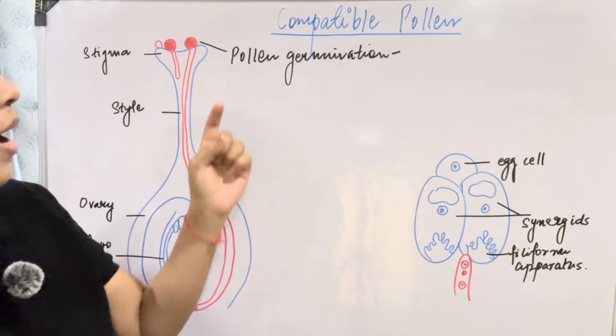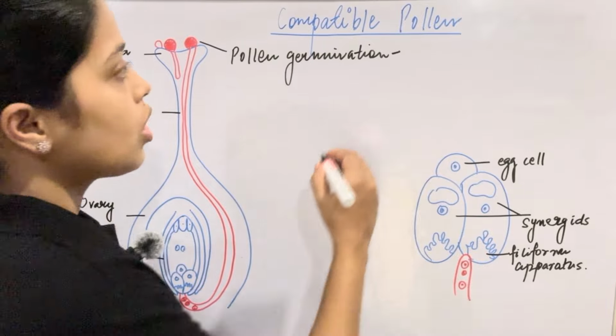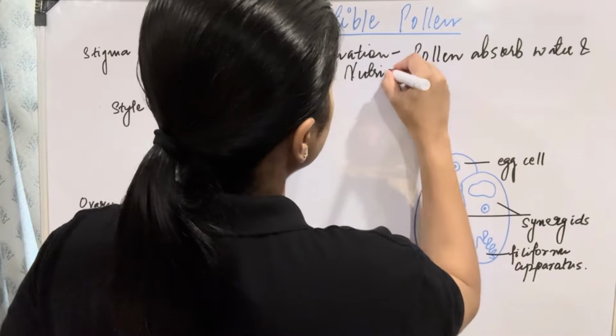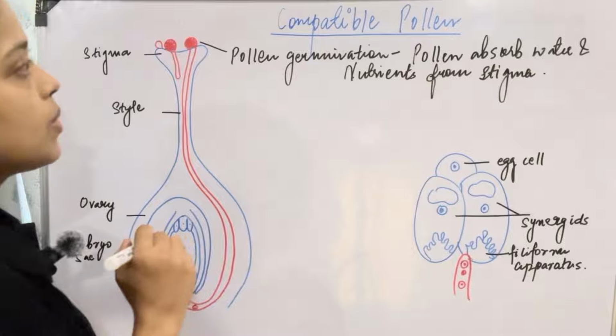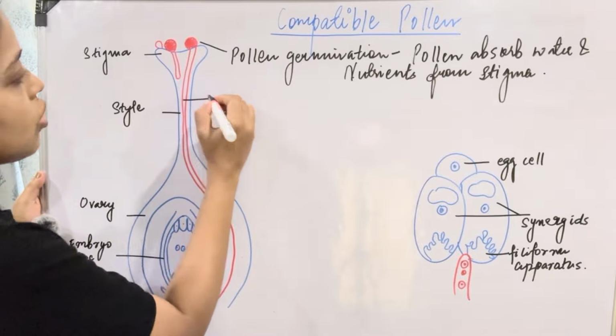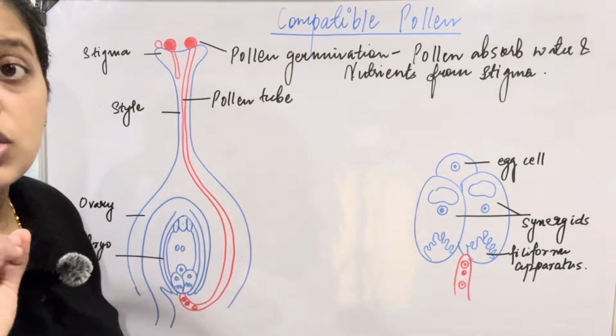During pollen germination, the pollen will absorb water and nutrients from the surface of the stigma and start germinating. Soon you will see the formation of the pollen tube. The pollen tube comes out from the germ pore.